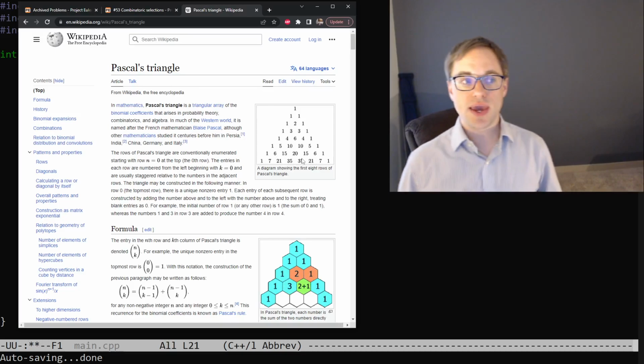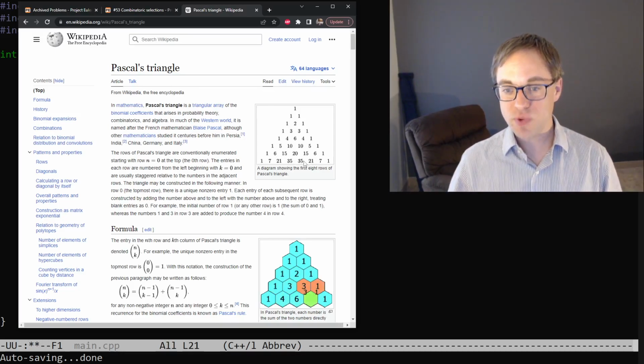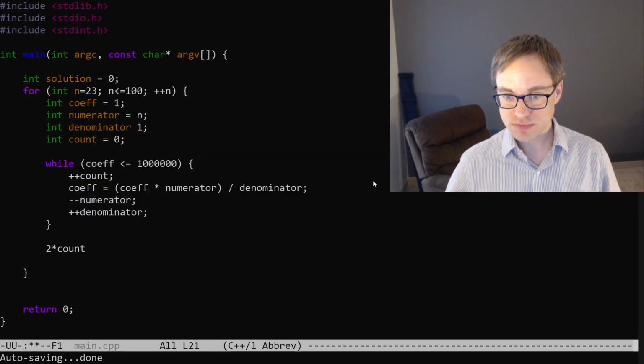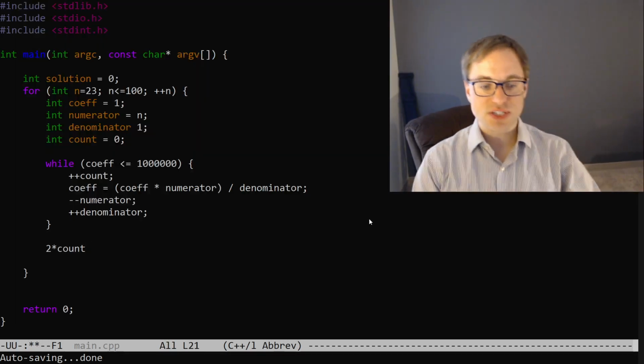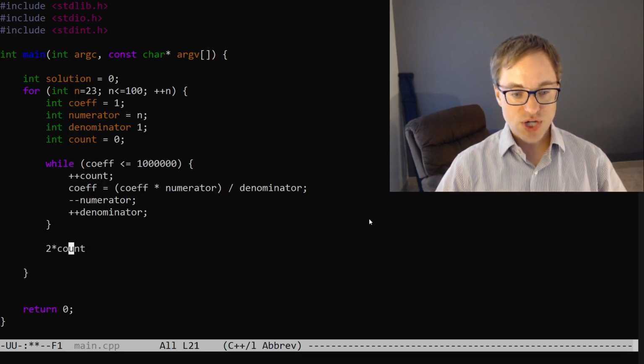Just using a smaller value to show an example that we can actually visualize, as opposed to talking about coefficients in the millions. Okay, so we're going to want to subtract that from the total number of coefficients in the row, which, as I mentioned, is just n plus 1.